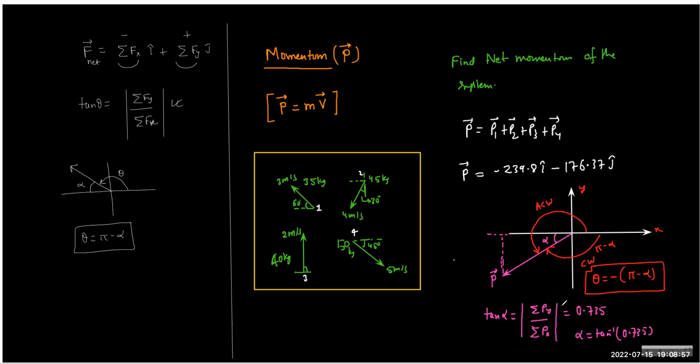Technically, there is no harm if you write 180 plus alpha with a plus sign. Technically, there is no harm, but as a tradition, the angle should be kept between minus pi to plus pi. So whenever we have the angle exceeding 180 in one direction, we reverse the direction.